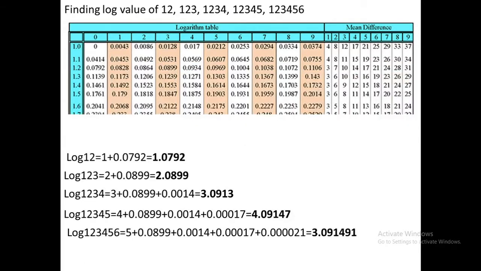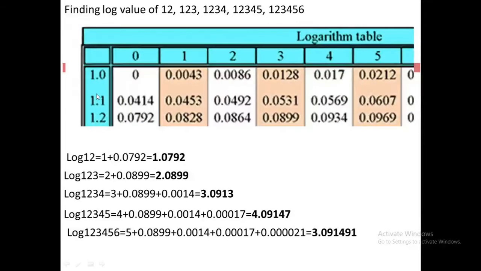Here we have to calculate the log value of 12, 123, 1234, 12,345 and 1,23,456. The first thing we have to find out is the characteristic. If it is between 10 and 100, first we write 1 plus, because there is no number after 12, so we check on 0, it is 0.0792.